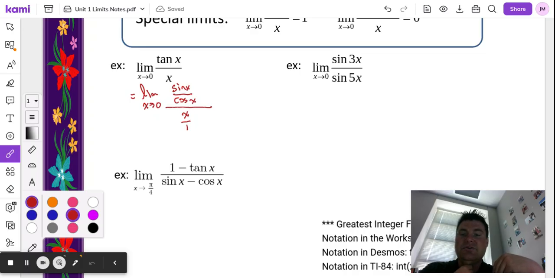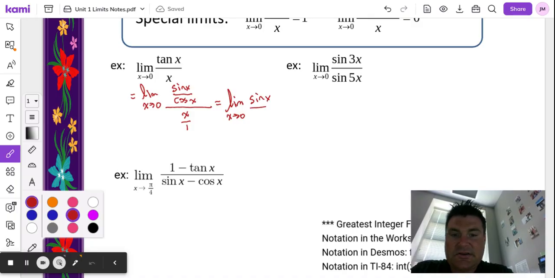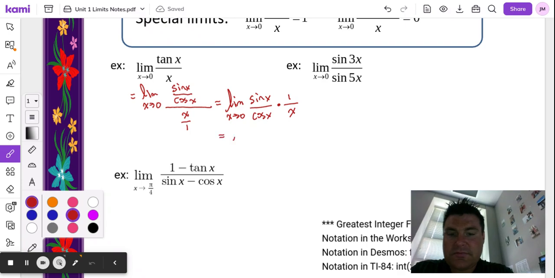What I'm going to do is multiply by the reciprocal of the denominator. So this is the same thing as the limit as x approaches 0 of sine of x over cosine of x times 1 over x, because I'm multiplying by the reciprocal of the denominator. All I have to do at this point is a little bit of rearranging, and I'm going to get the limit as x approaches 0 of sine of x over x times 1 over cosine x.